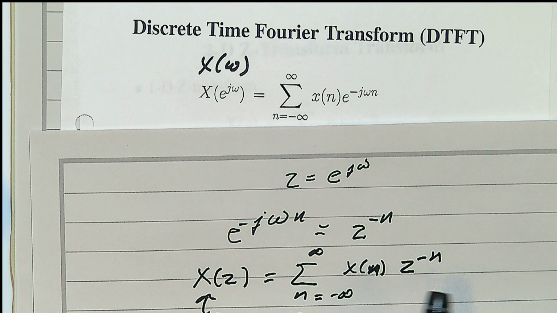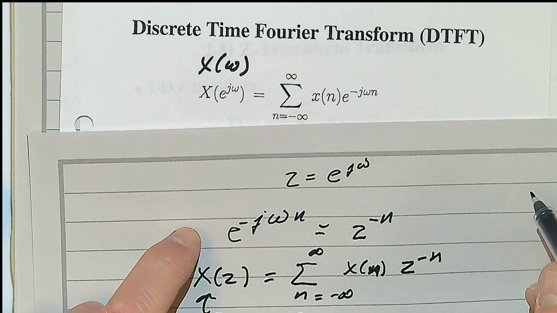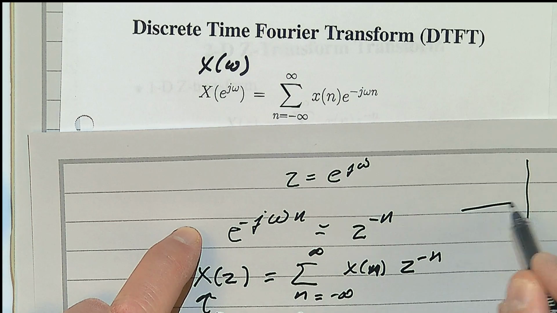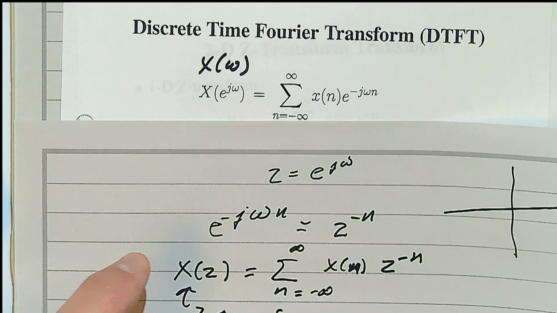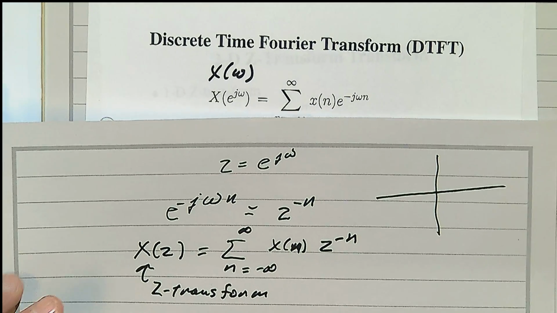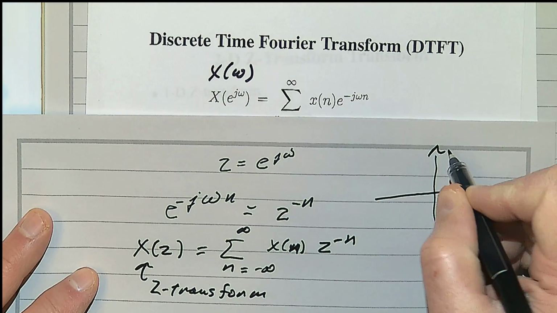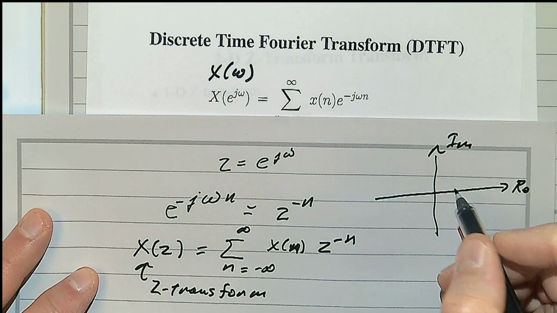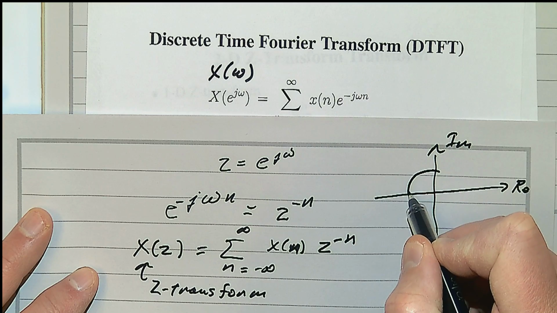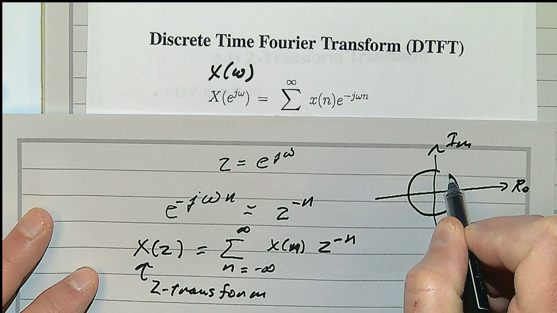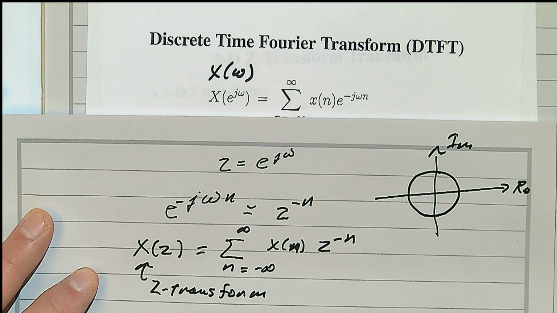It may be that z is some general complex number. So the way to think about it is that in some sense the Z transform is a little more general, and you have the real and the imaginary axes. The discrete time Fourier transform is the Z transform evaluated on the unit circle.